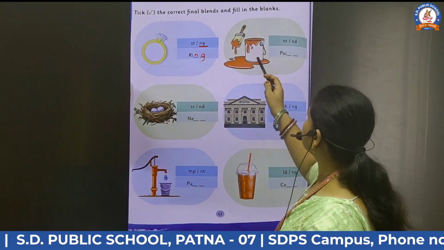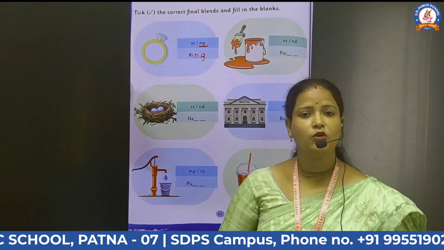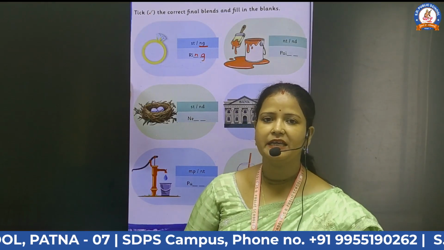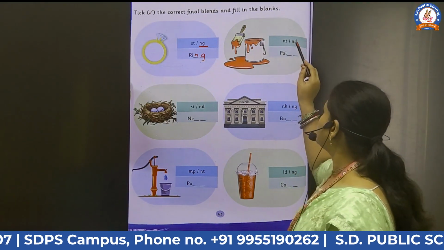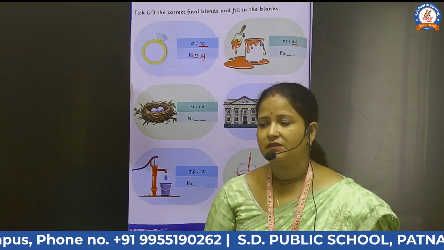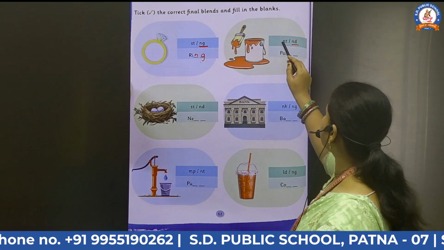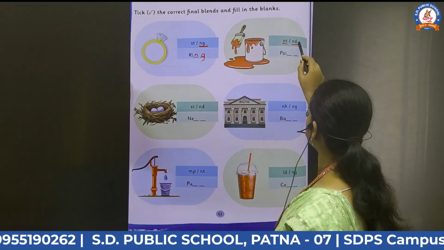Next, this is the picture of paint, and the spelling of paint is P-A-I-N-T. So, which blend is correct? This one, N-D. Sorry, N-T. This one is incorrect.